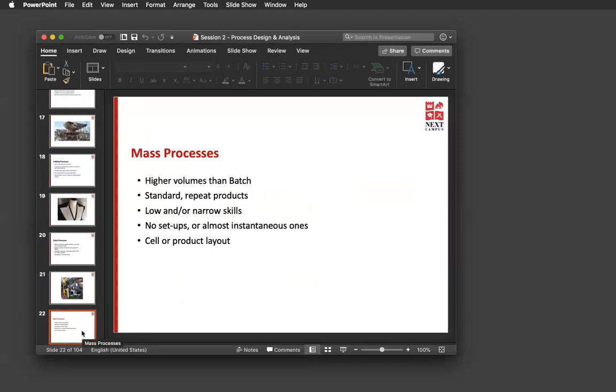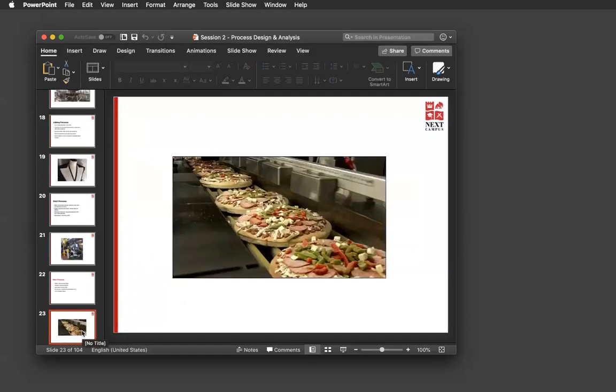Now we move into the next one, which is the mass process. Mass process is not as high volume as a continuous process, but slightly lower, but still there is a significant amount of variety in that particular process. An example of that would be food items in a particular restaurant.